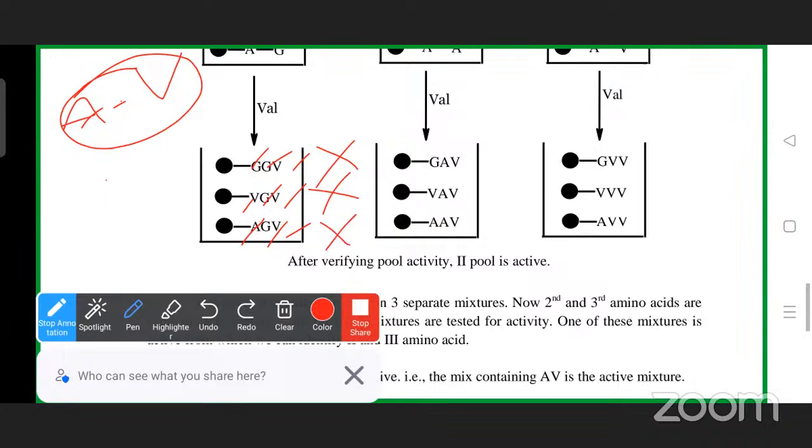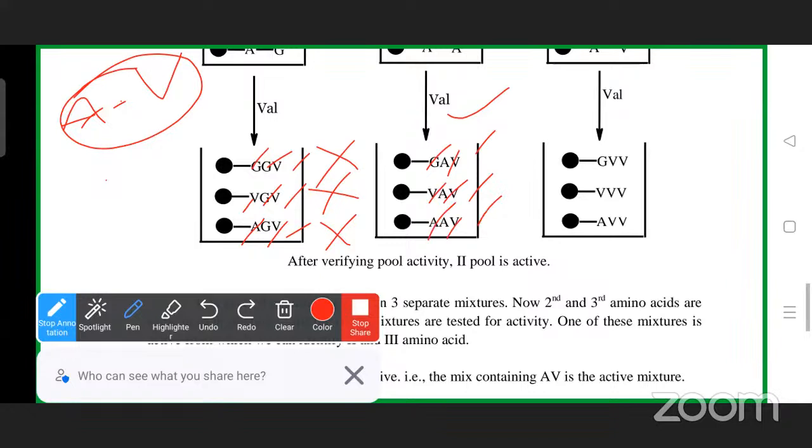To the second reaction vessel, the pool of dipeptides, we add the same amino acid. So we get glycine, alanine, valine; valine, alanine, valine; and alanine, alanine, valine.